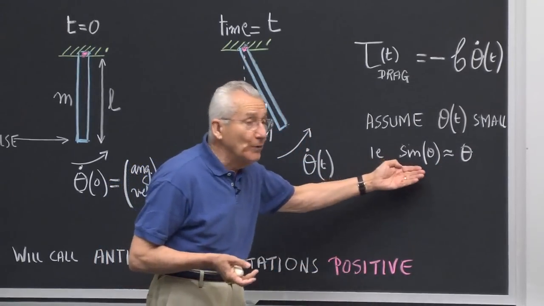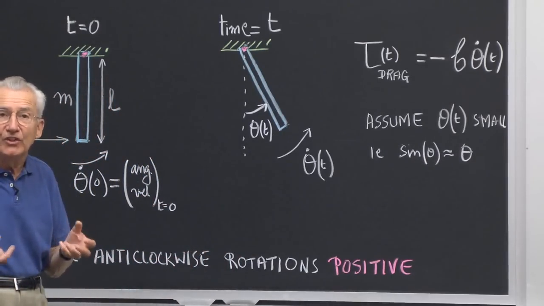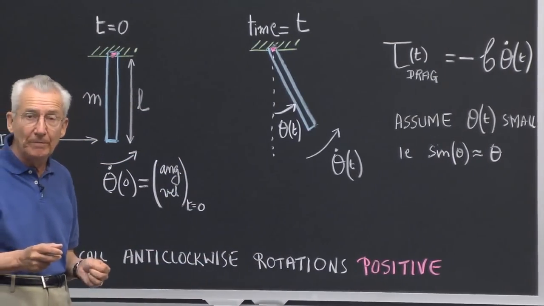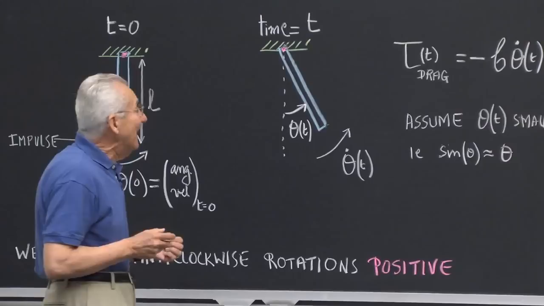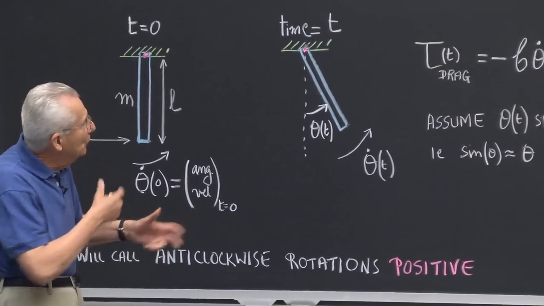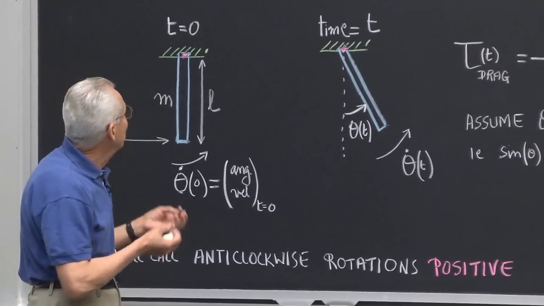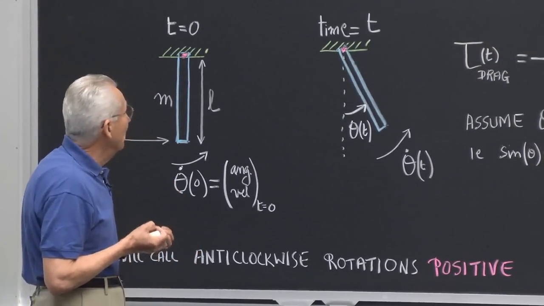Again, the reason why we do that is so that at the end we'll be able to solve the equations of motion. Now, if you ask yourself, hold on, we're doing all these approximations, does this correspond to reality? And the answer is the following.